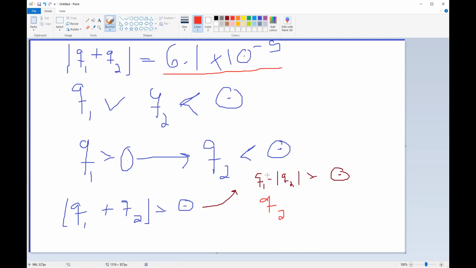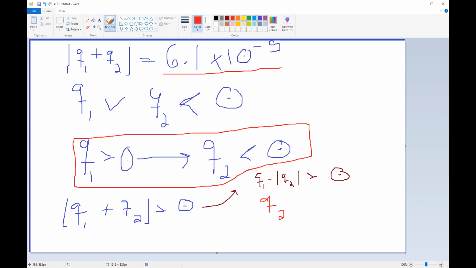Once we get to right here, we're just choosing which one we want to be greater than 0 and which one less than 0. It shouldn't matter after that. We know one has to be greater than 0 and one has to be less than 0 because they're opposite charge, and we know that they sum to a positive. So we choose them so that they satisfy all this, and that gives us this inequality.